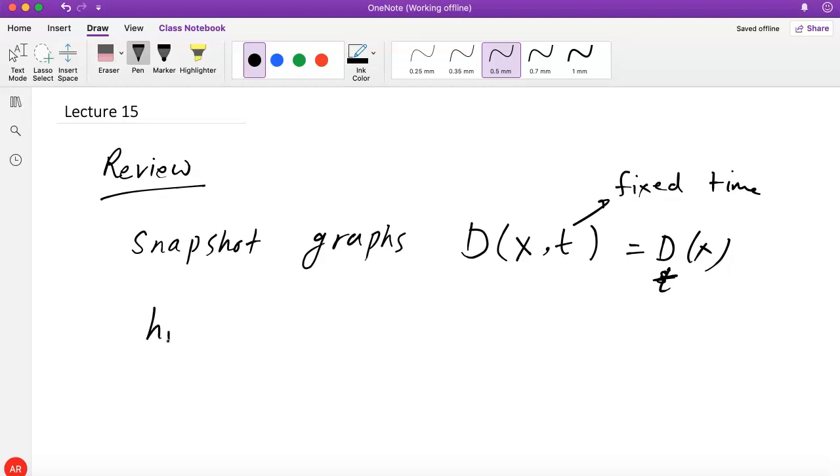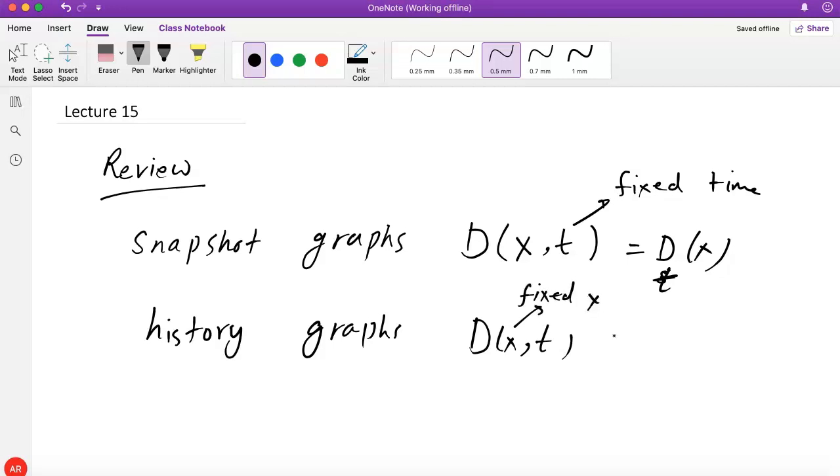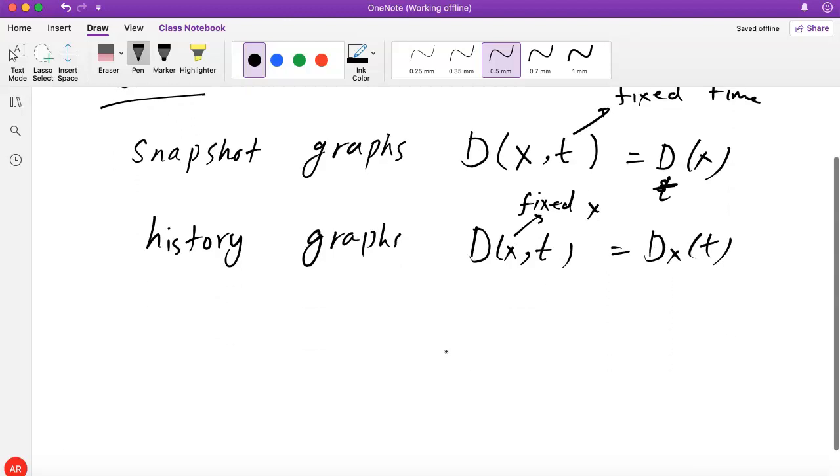And we had the history graph, which is again a cross-section of this general two-dimensional function, at fixed x, as a function of time. And we talked about how to visually extract one from the other.